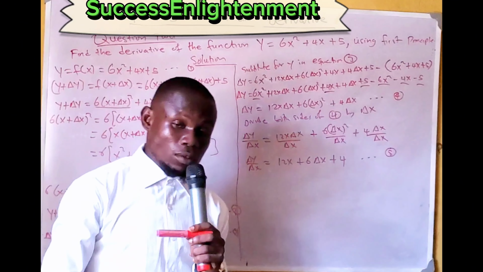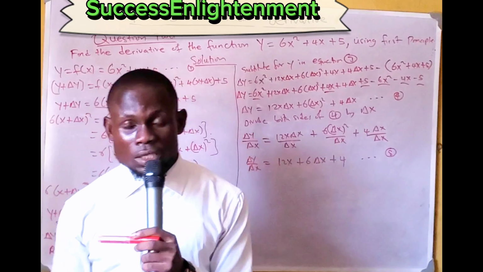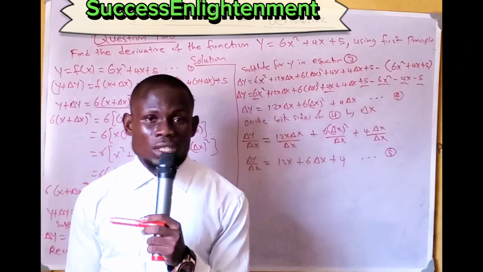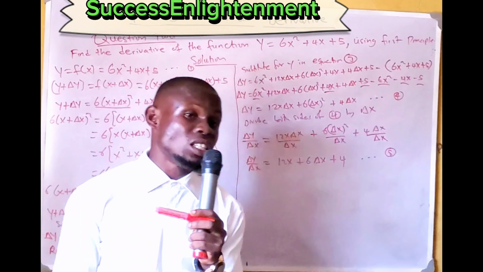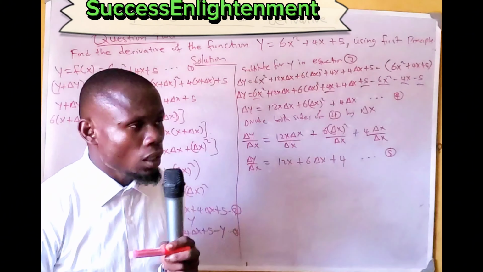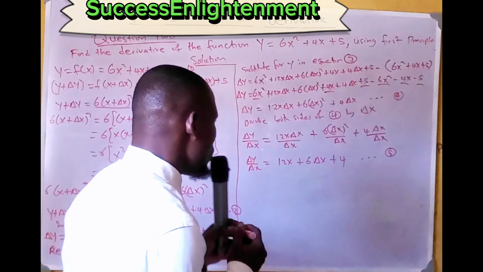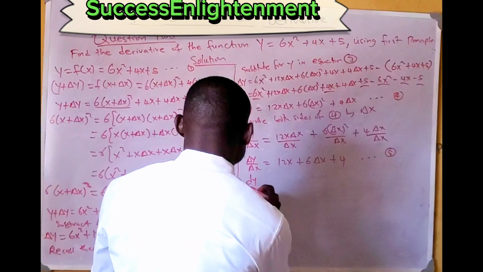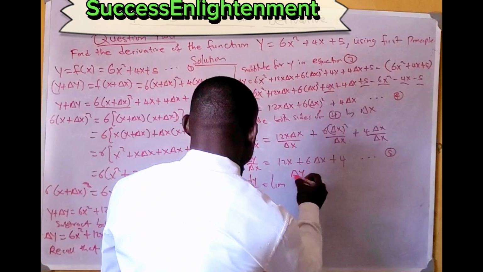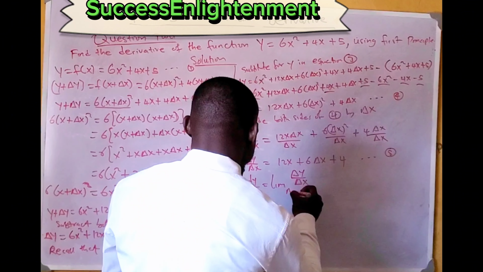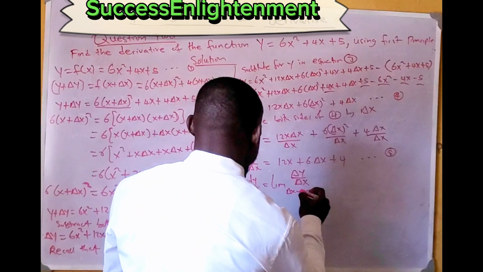So we already have our difference quotient in equation 5. All that is left is to find the derivative. Our derivative is the limit of our difference quotient as change in x tends to 0. That is, dy/dx is the limit of change in y over change in x as change in x tends to 0.